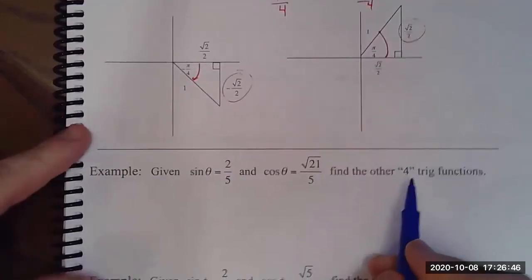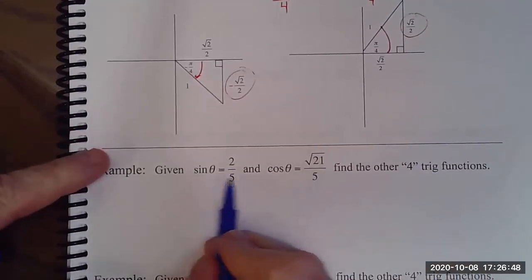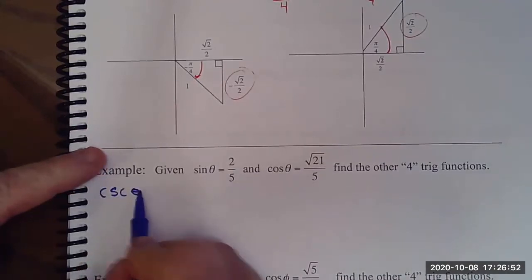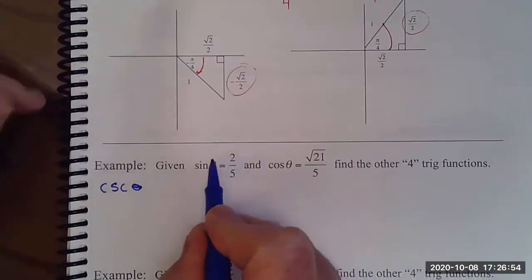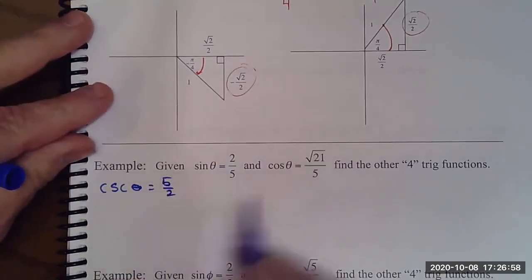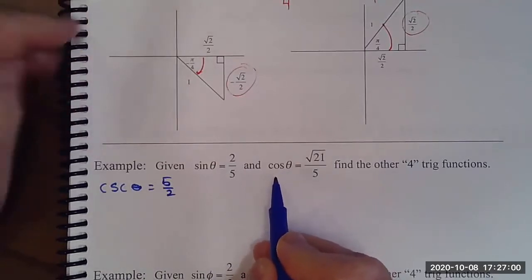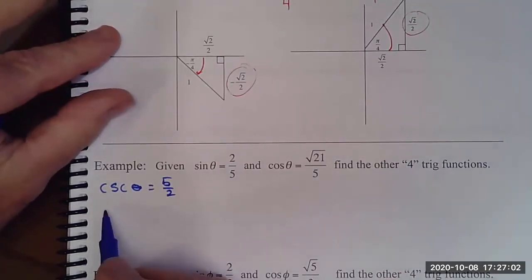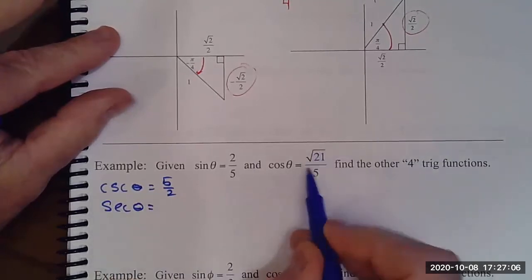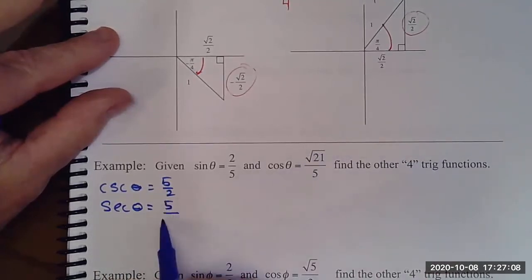If I want the other 4, I have sine and cosine. How about cosecant of theta? That's going to be the reciprocal of this. So that's 5 over 2. The reciprocal function of cosine is secant. Reciprocal of this, so that would be 5 over root 21.